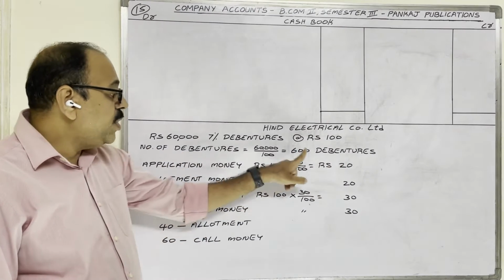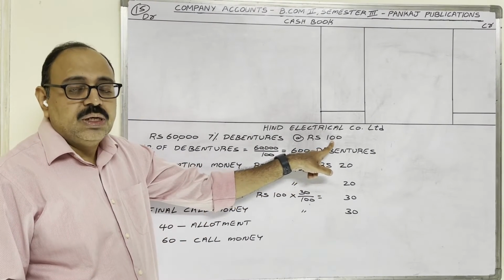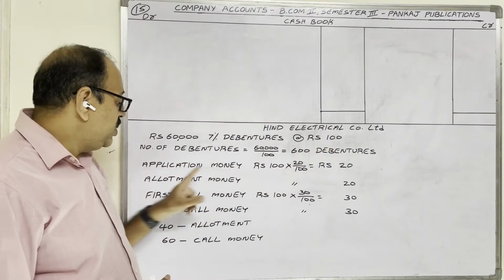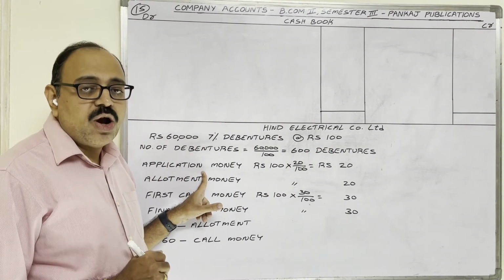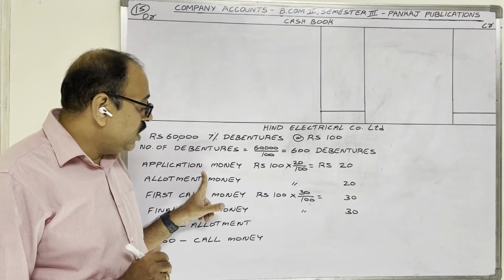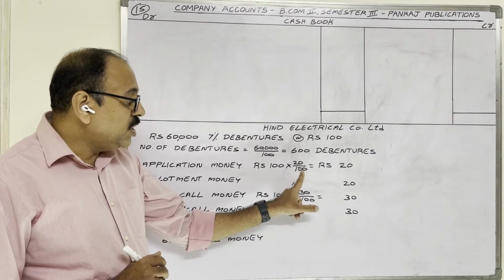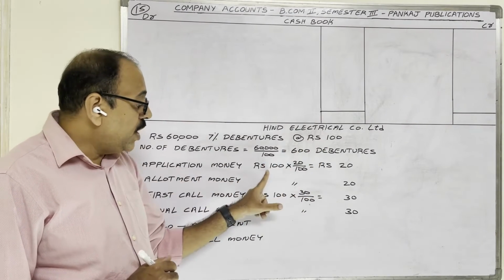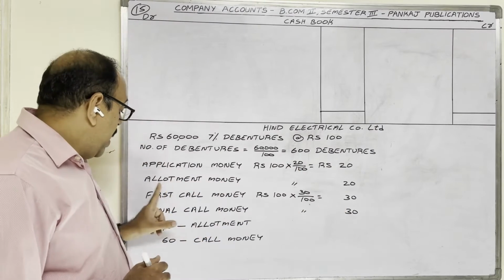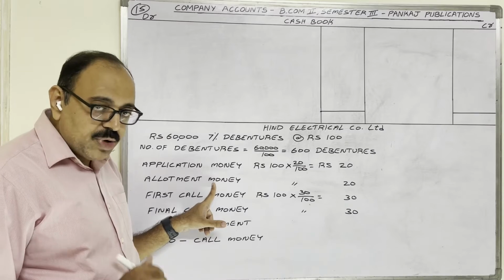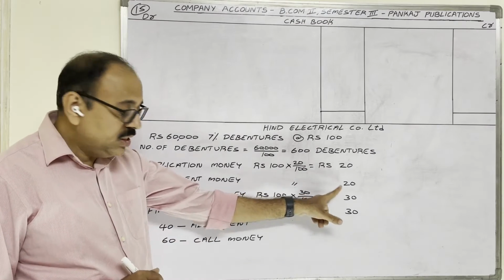Next, how does the company want to collect this 100 rupees on an installment basis? The first installment amount is known as application money. The direct amount is not given. In the question, he is giving that application money is 20% of face value. So 100 rupees into 20 by 100 is equal to 20 rupees. Allotment money, same, 20% means 20 rupees.